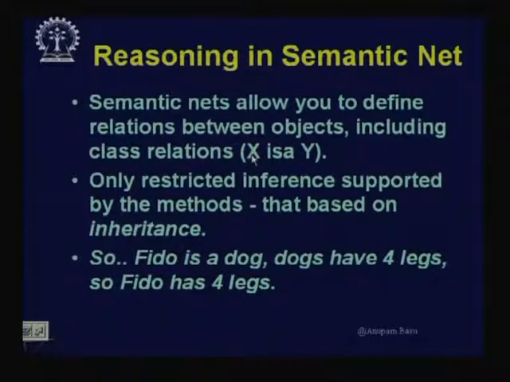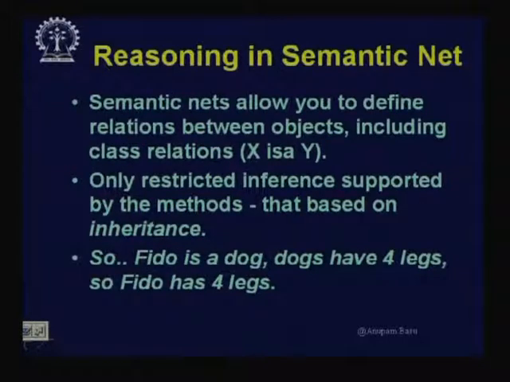X is a Y, so X is a subclass of Y. Now, only restricted inference is supported in semantic nets by the methods based on inheritance. So, here is an example. Fido is a dog, and dogs have 4 legs.